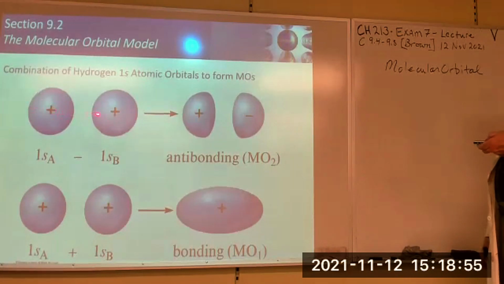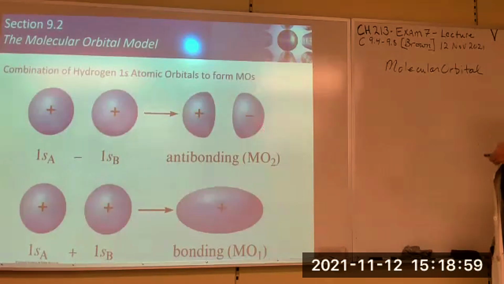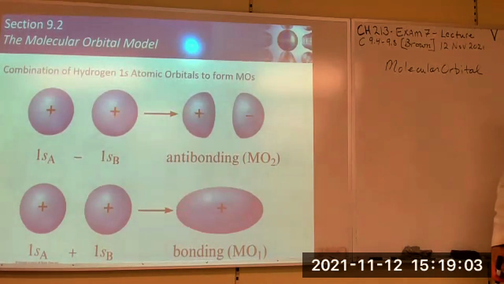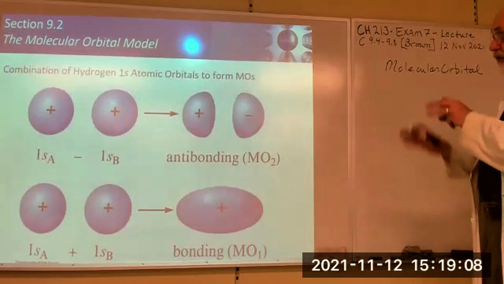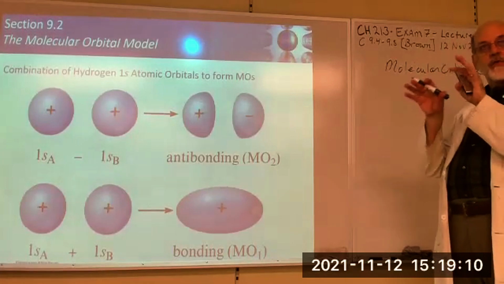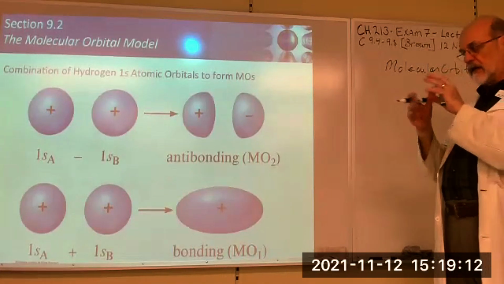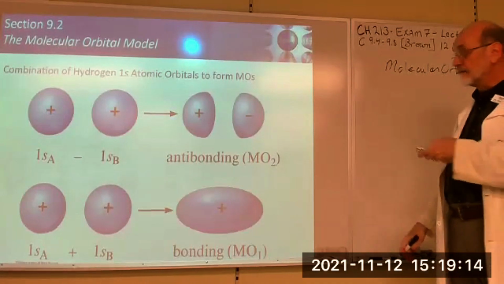The wave can either destructively interfere and produce an antibonding orbital, or it can constructively interfere and produce a bonding molecular orbital. So notice that these are probabilities for electron densities. Right?